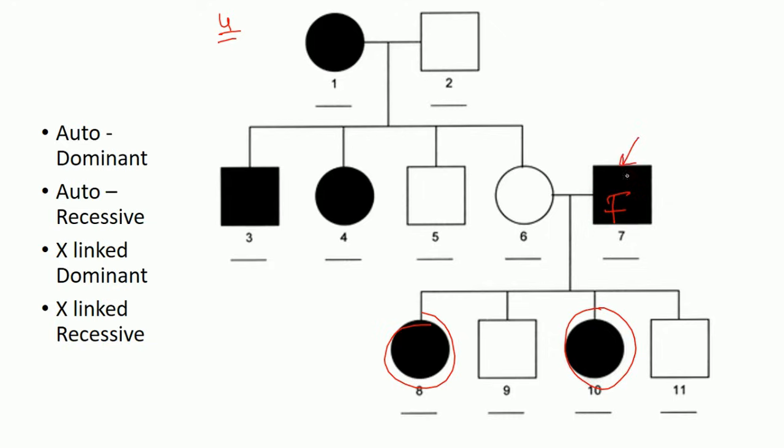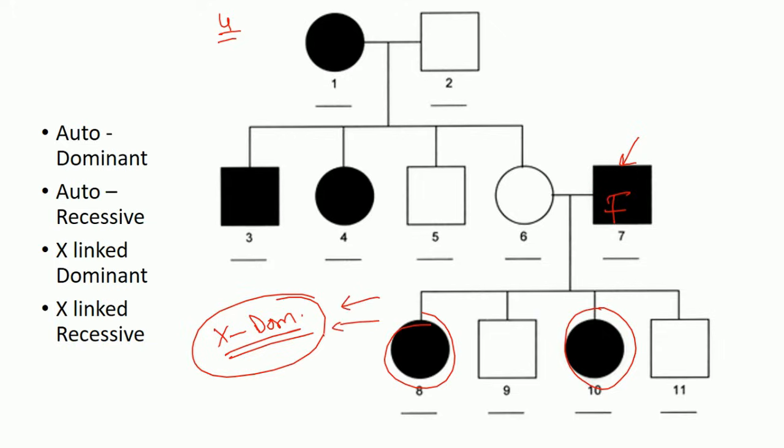So if one father is affected, all the daughters will be affected. Remember what kind of pedigree we are talking about? X-linked dominant. In the case of X-linked dominant, whenever you see that the father is affected and all the daughters are affected, it means X-linked dominant.